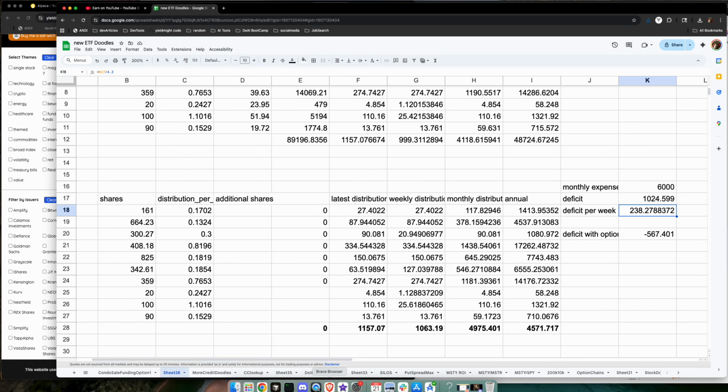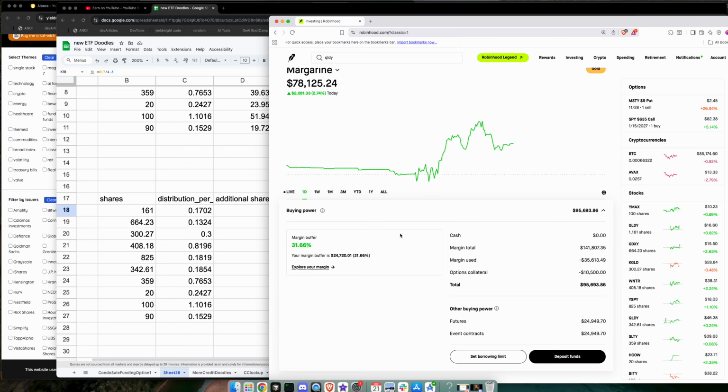And if we look at my margin buffer, it has been all over the place this week. It was at 14%. Today it was at 6%. Right now it's at 31%, which is on track with when I had the goal of my margin buffer being 50%. So we're not going to try it.